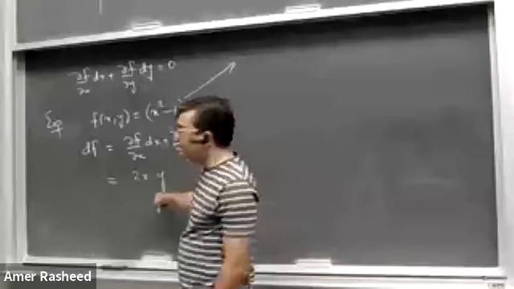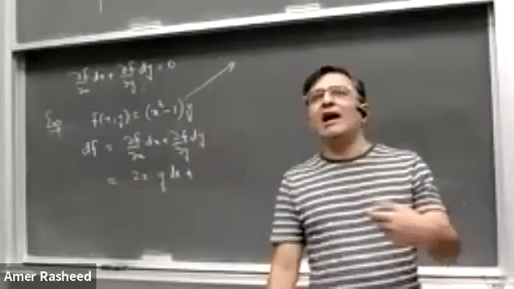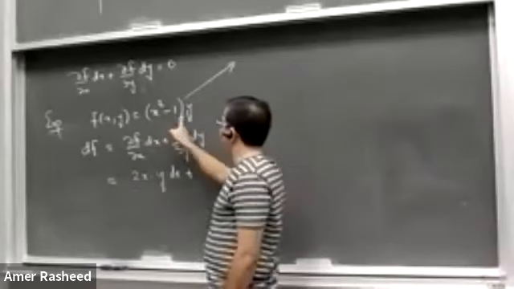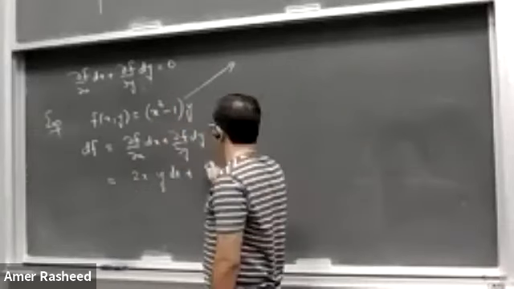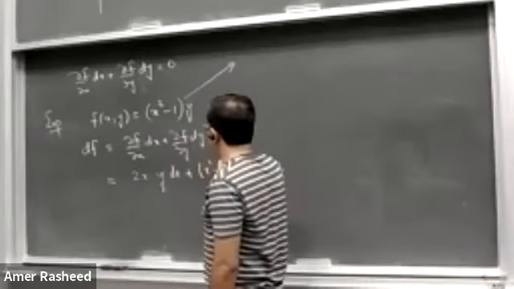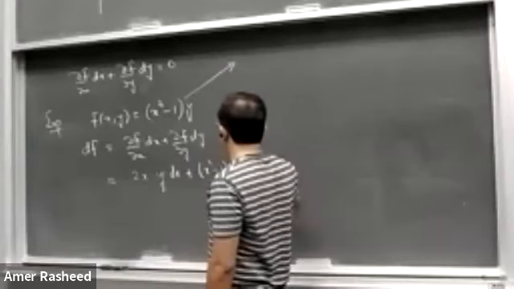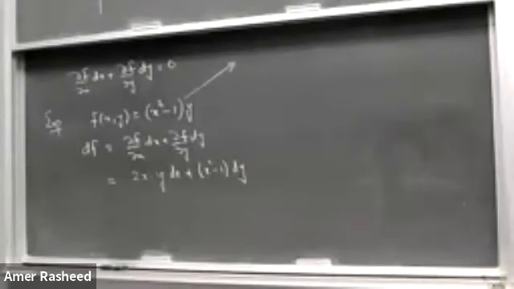We take only the derivative of the x squared, times dx, plus, now while taking the derivative with respect to y, we assume x is constant. The derivative of y is 1, and the other part remains the same, so it becomes x squared minus 1 times dy. So this will be the differential of that function.